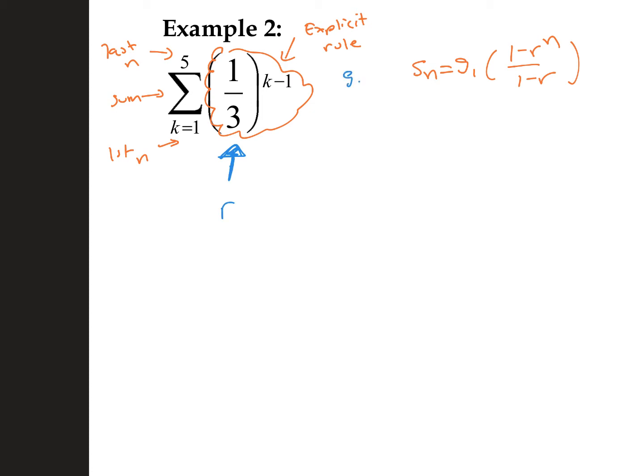So if I'm listing these, g sub 1, r, and n is what I need. So my r is 1/3. To find your n, in summation it is always top minus bottom plus 1. So 5 minus 1 plus 1. So my n here is going to be 5.